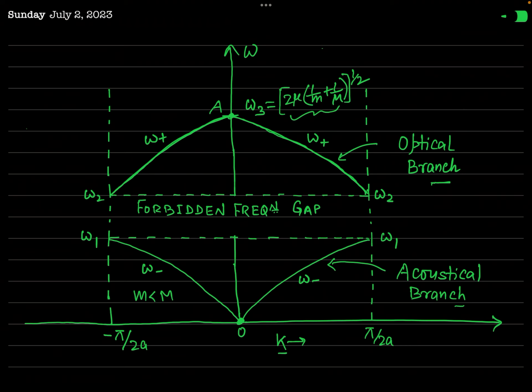Now when k is equal to plus pi by 2a or minus pi by 2a, then you will see that this omega minus will be maximum, but this omega plus will be minimum. Now we will actually discuss the frequencies of the two branches, that is the acoustical branch and the optical branch, separately.